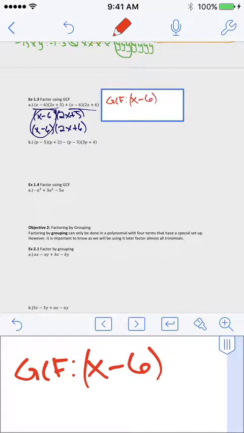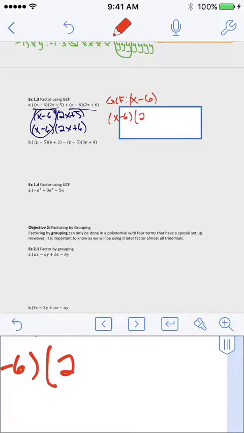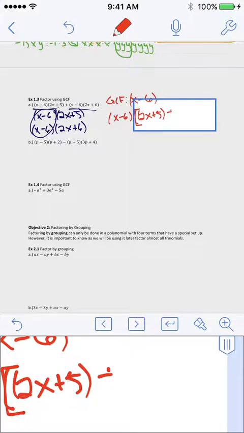And that's okay. Remember, we're kind of using the logic here. It is a factor. It's definitely the greatest thing they have in common, though, right? So if we take that out, x minus 6, what's left over would be 2x plus 5, and it would be added to 2x plus 6.